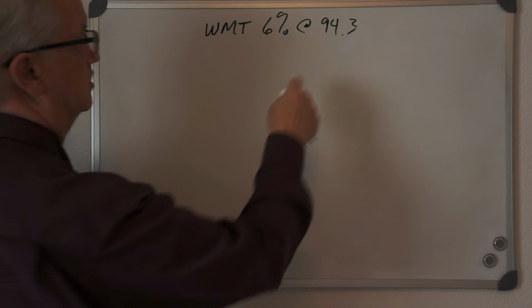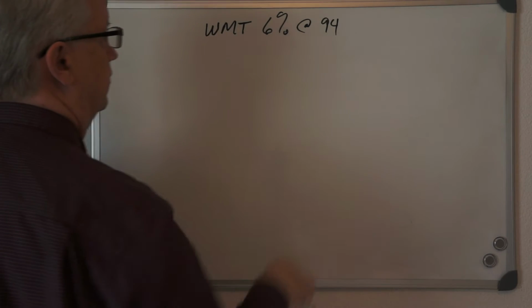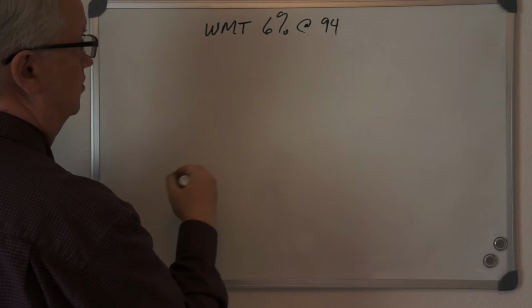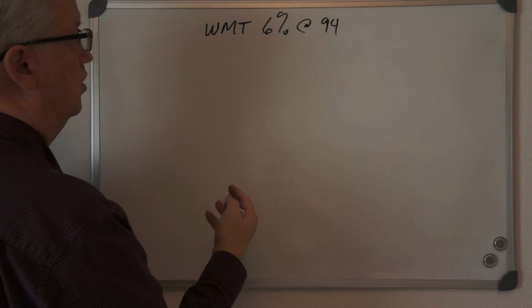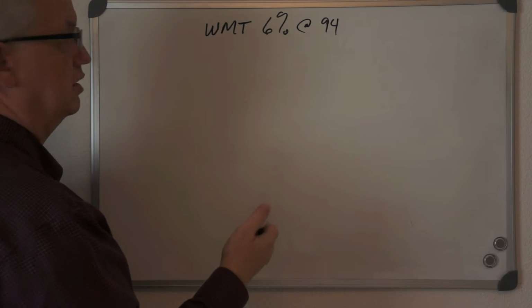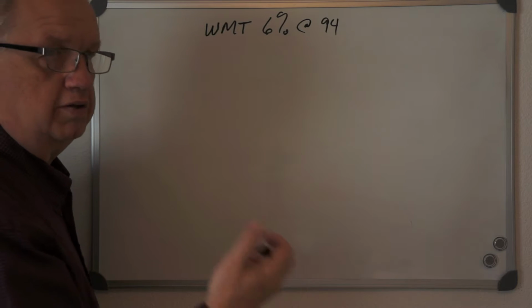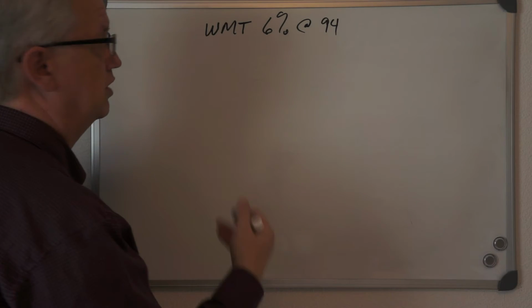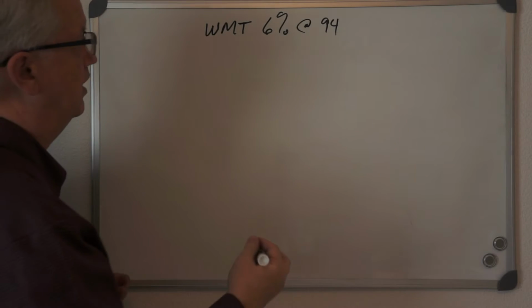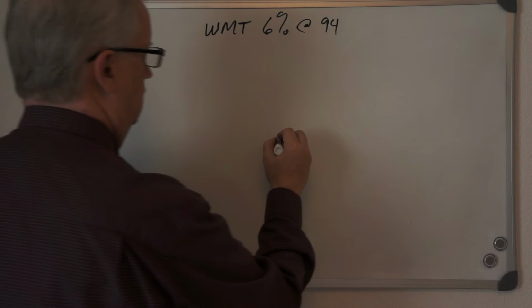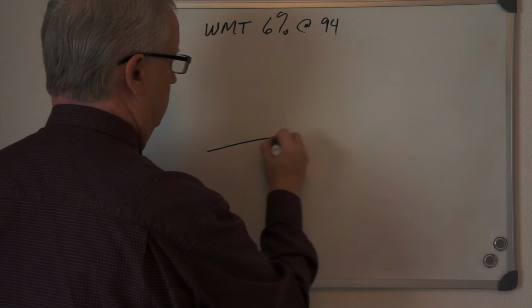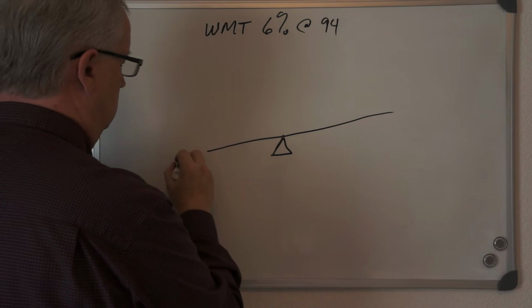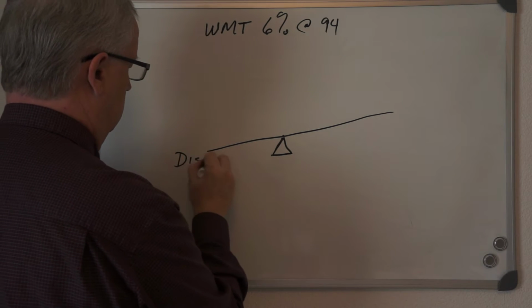So let's take this 94 and let's do a calculation for the current yield. We did in the early math section a current yield and a yield to maturity. But now, what does it mean? Okay, let's take a drawing. This is a discount bond.